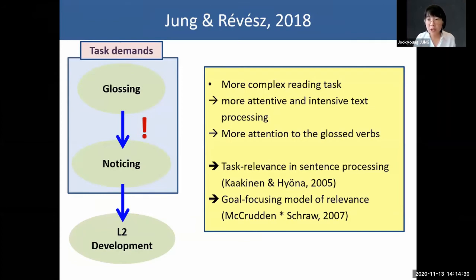But what we also need to consider is that, as Kakin and Hyuna mentioned, task relevance in sentence processing matters. In other words, pseudo-words were not really attended to by the learners because they were not that essential in task completion. So we need to consider this very seriously in the task design of future studies.